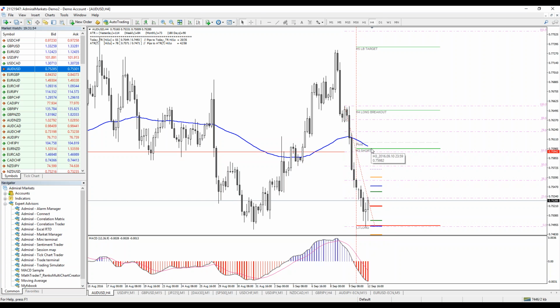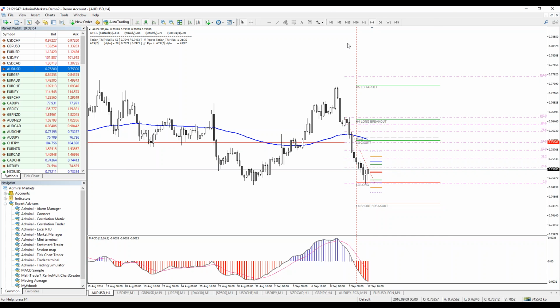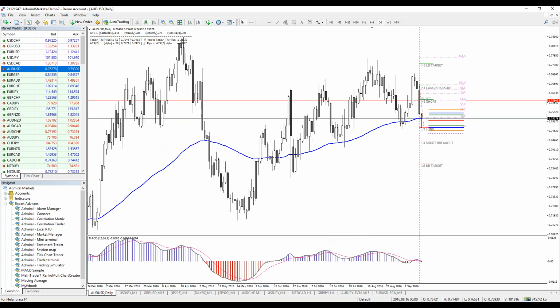Stop loss is 76.30 above this high. A buy trade could kick in at 74.30. And actually it's close to L4 here.